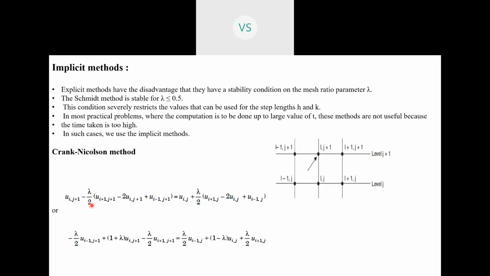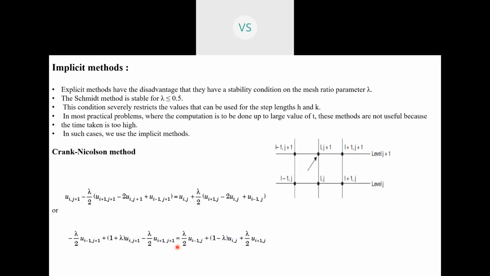Instead of repeating the nodal values or nodal points, they have simplified more. So minus lambda by 2 u(i-1, j+1), plus 1 plus lambda into u(i, j+1), minus lambda by 2 u(i+1, j+1).